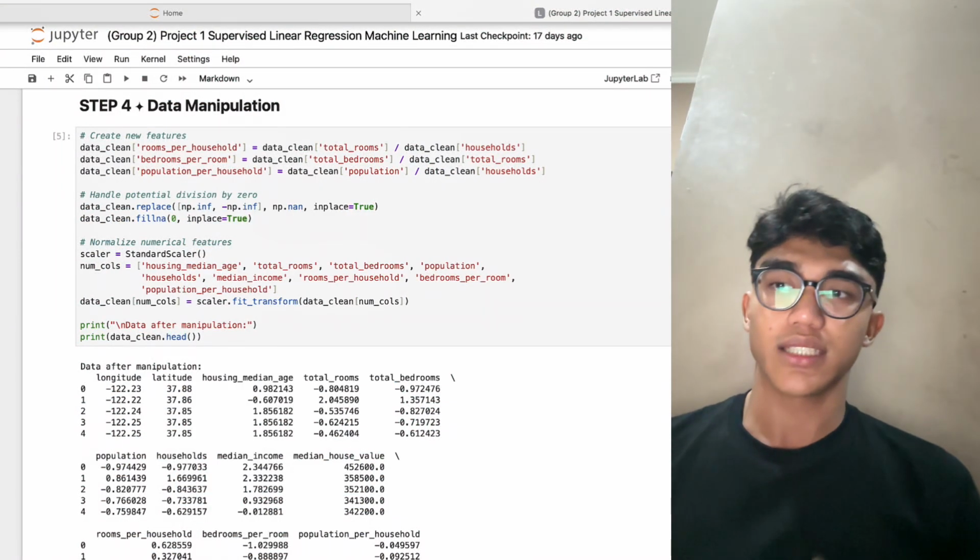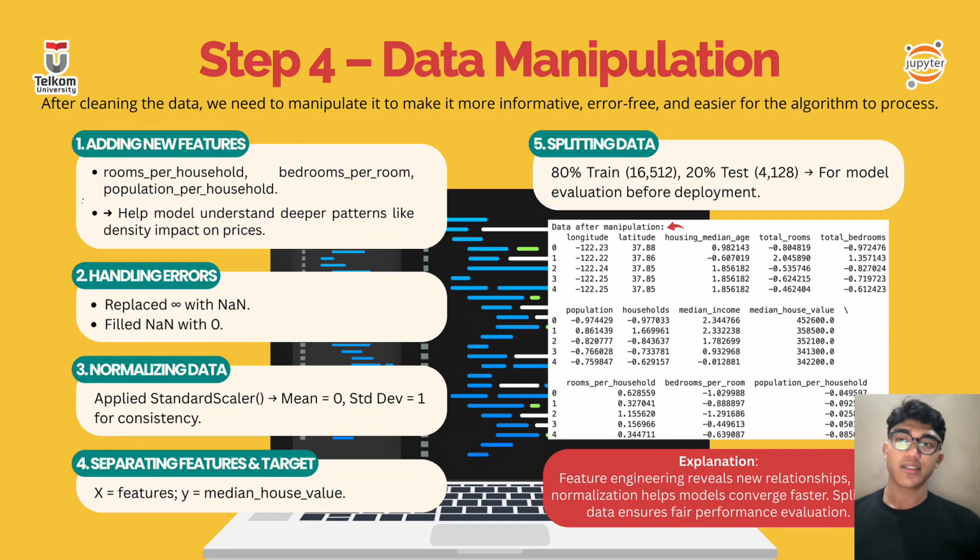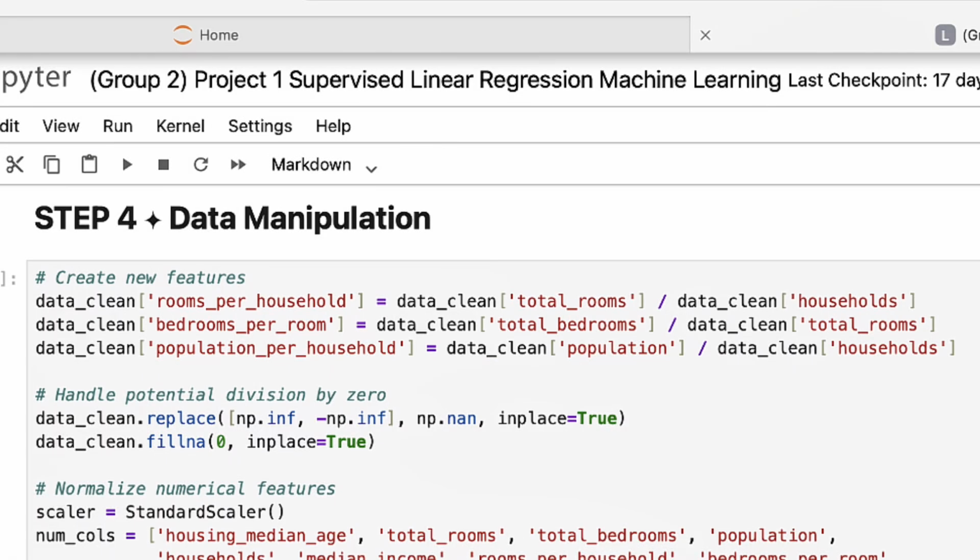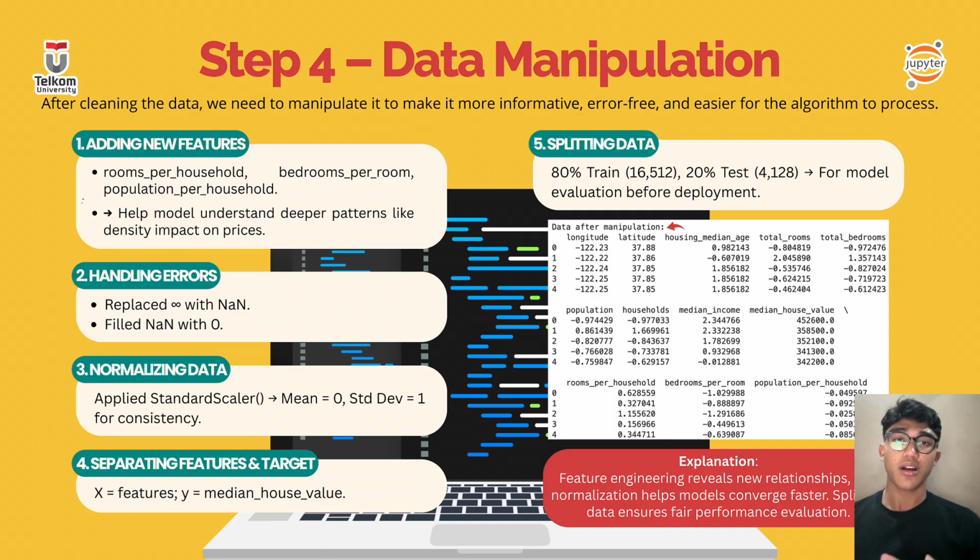Step 4, it is data manipulation. Now that our data is clean, in step 4 we focus on preparing the data for modeling by ensuring it is informative, error-free, and ready for processing. With a clean dataset, we enhance it by adding 3 key features: rooms per household, bedrooms per room, and population per household to capture housing patterns.